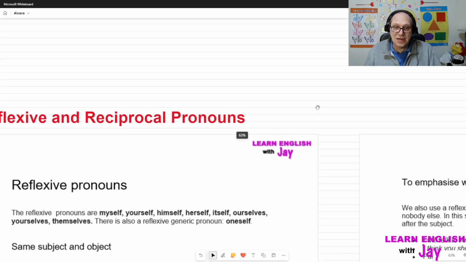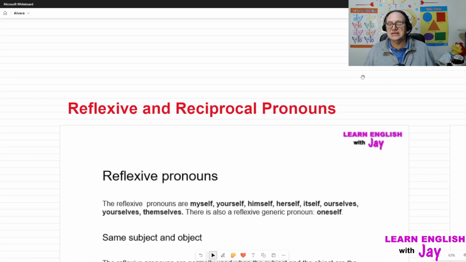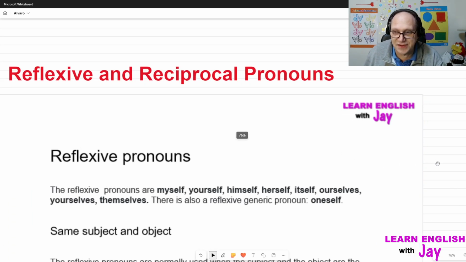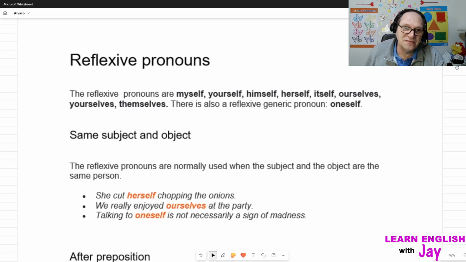The next one we're going to have a look at is reflexive and reciprocal pronouns. Oh, I hate that word. Reciprocal. So let's have a look at reflexive pronouns first. Reflexive pronouns, quite easily, things like myself, yourself, himself, herself, itself, all the selves. There's also a generic pronoun, oneself.